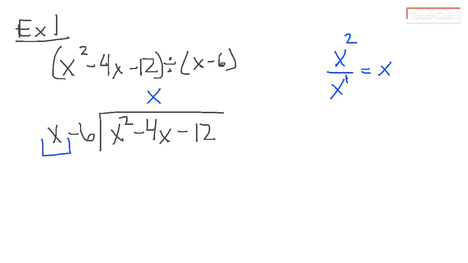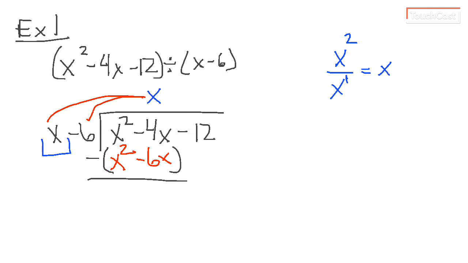Then, this is where the minus 6 is going to come in. We're going to go x times x squared, x times x, and then x times minus 6. X times x is x squared. X times minus 6 is minus 6x. We are going to then take and subtract that entire expression.